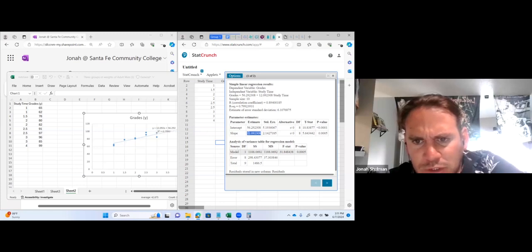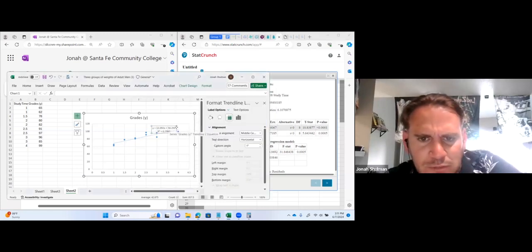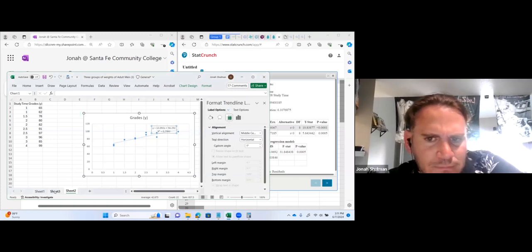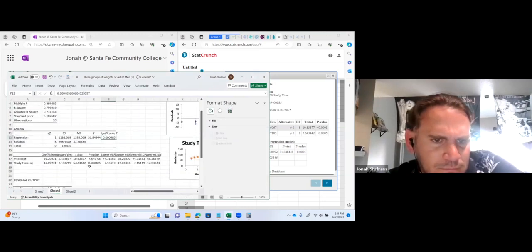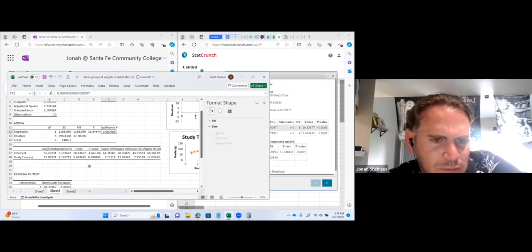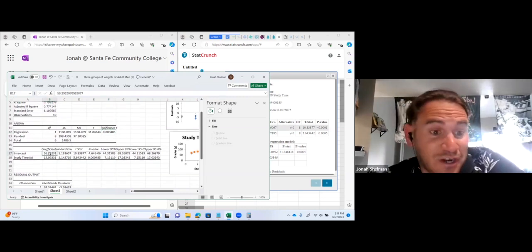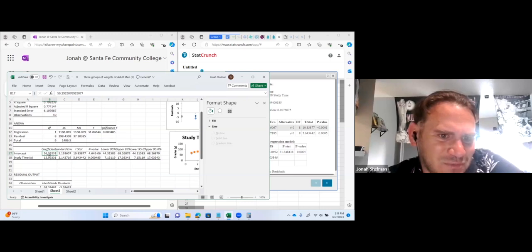And what's your intercept? Right here, 56.292. I'm just seeing where it is on the summary output. Oh, here it is. I am so blind, I am sorry, everybody. There's the 56.292, and there's the 12 point. We've got our intercept and our slope.